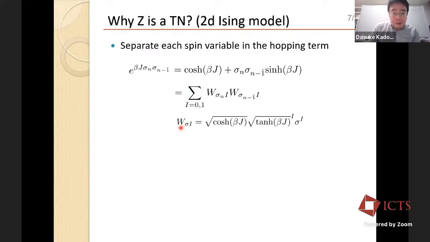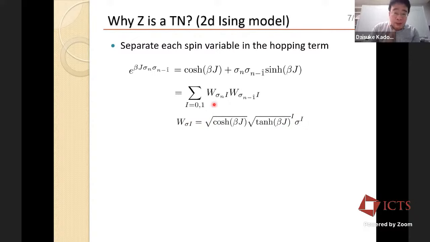This W, for instance, W10 is this factor to the 0, which equals 1. So W10 equals the square root of hyperbolic cosine beta J. And so W is a 2x2 matrix, which is defined by this function.